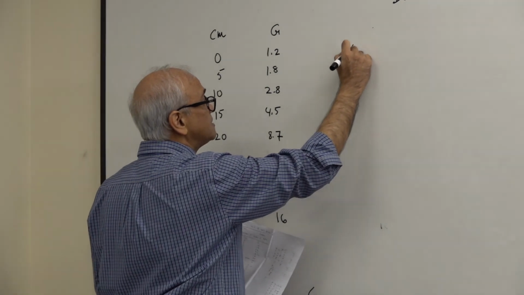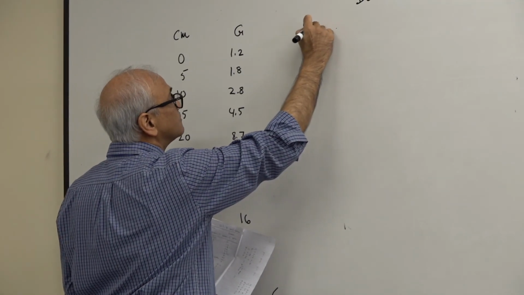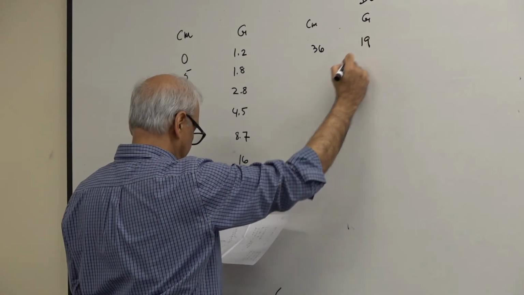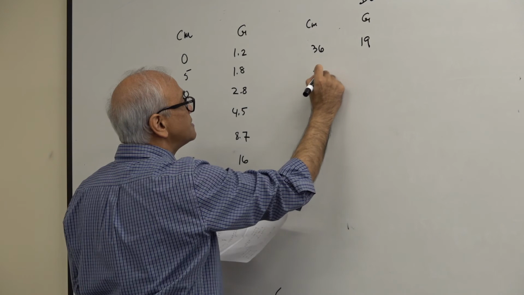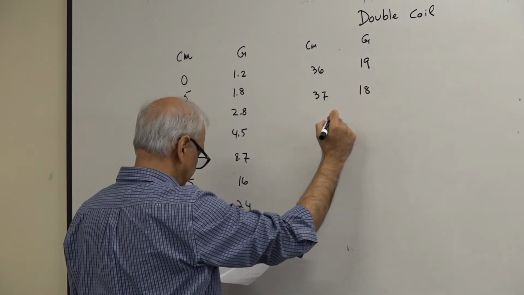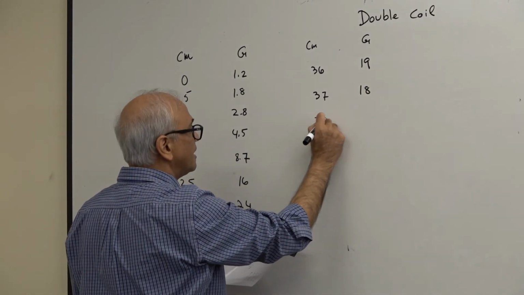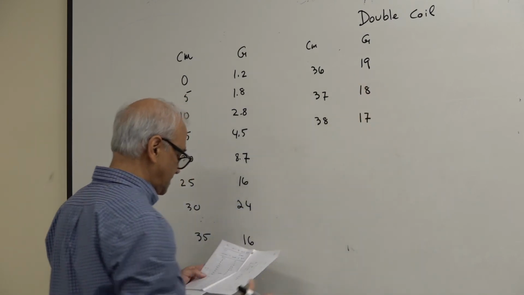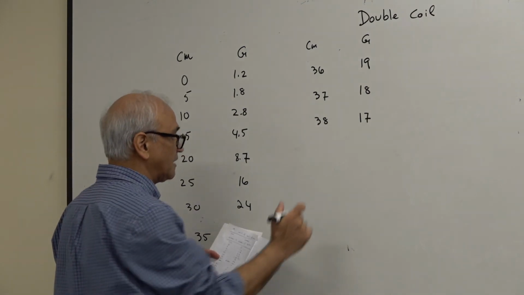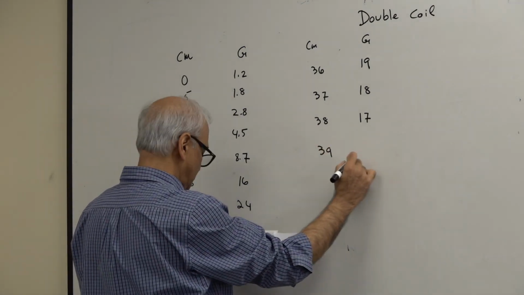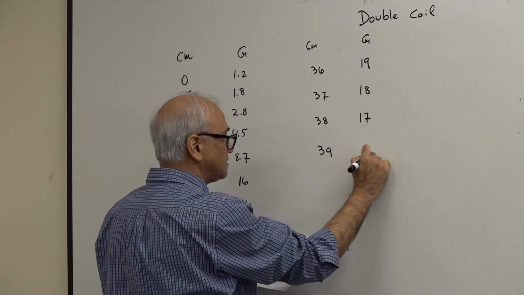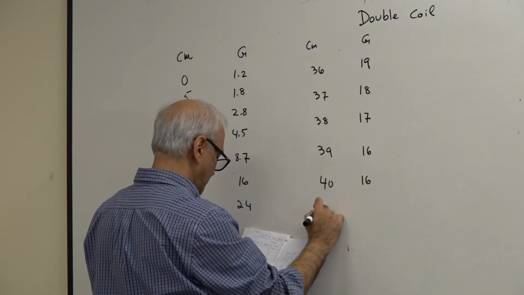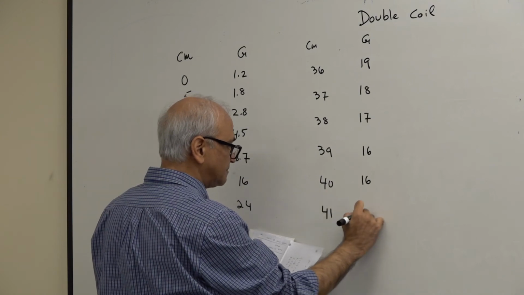So 36 is 19. 37 is 18. 38 is 17. And you can see that this is dropping, but it's still kind of stable. It doesn't drop that much. 39 is 16. 40 is 16. 41 is 16.